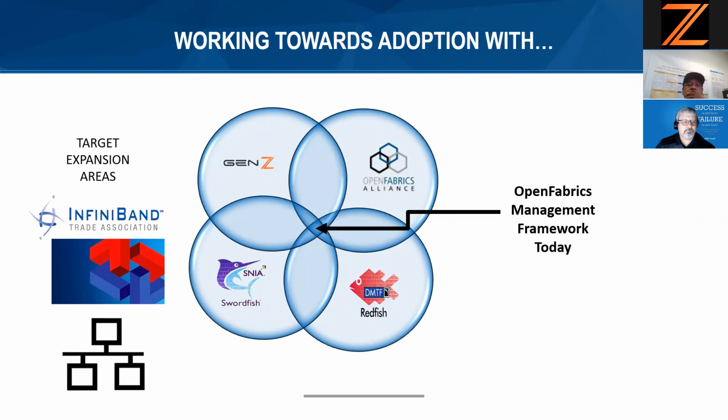Who's all working on this together? Obviously, GenZ and Open Fabrics, we're working with DMTF and SNIA. They're providing Redfish and Swordfish. We're planning on targeting other types of fabrics, for instance, InfiniBand, Ethernet, and other fabrics like Slingshot.